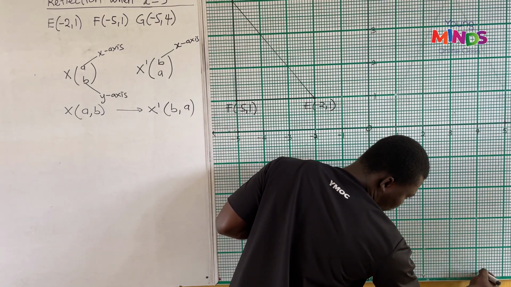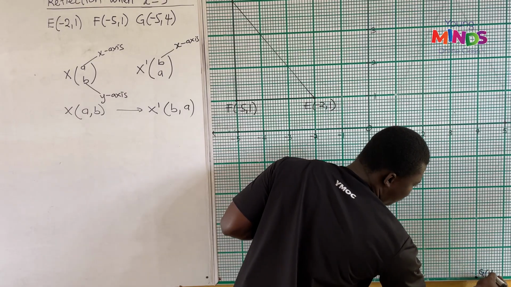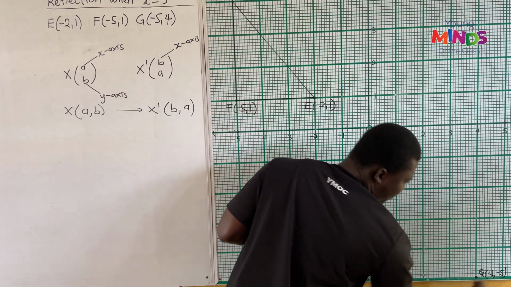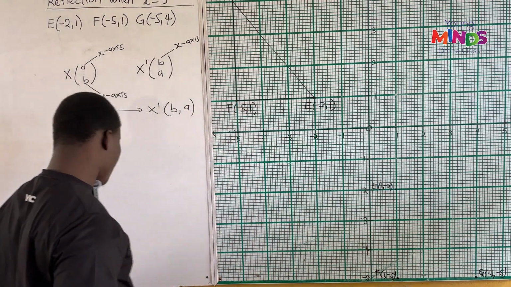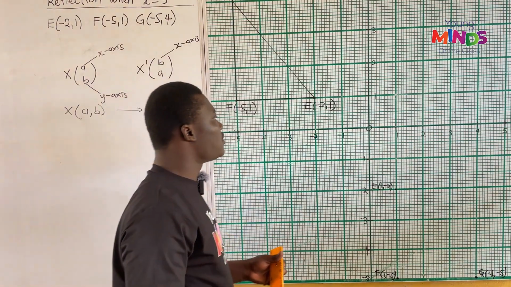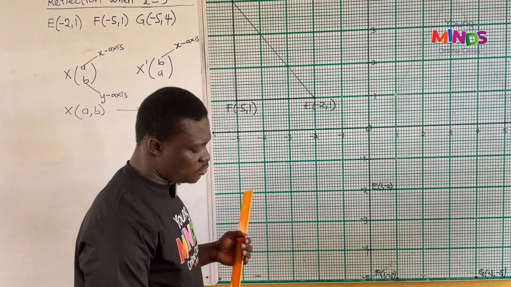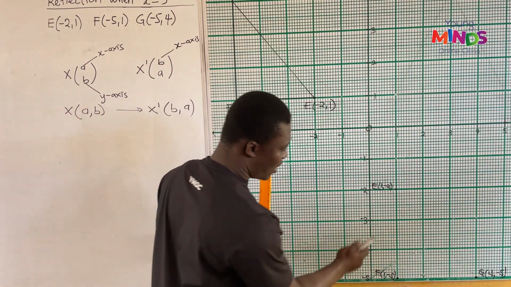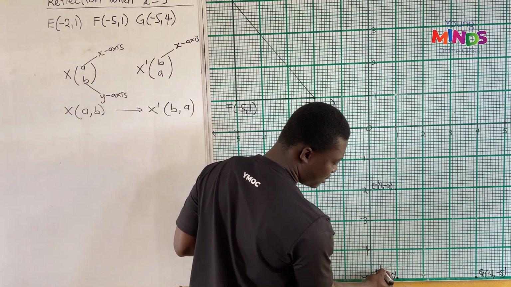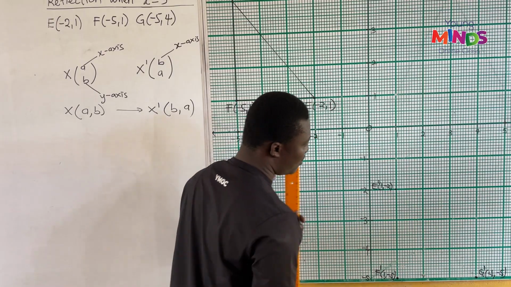So 4, negative 5. Then we'll join the points to form the image of triangle EFG to be E1, F1, G1.